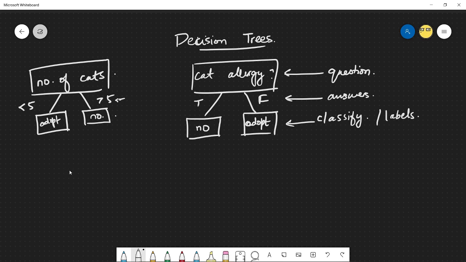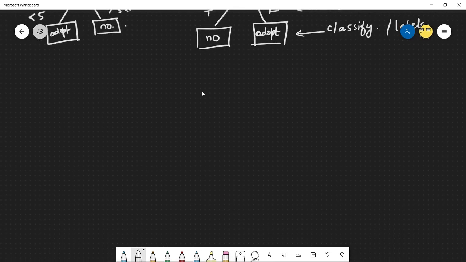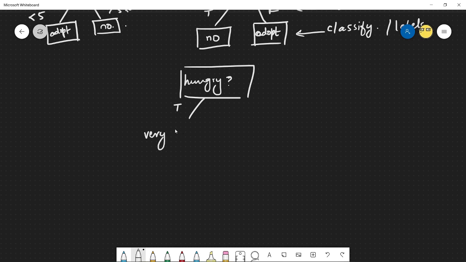Now that's a very trivial example of a decision tree, and we can make it a little more complex by adding more nodes. Let's say I am trying to figure out if I need to eat, not eat, or eat just snacks. Maybe I have a variable that is hungry, and if this is true, then maybe I split on very hungry.